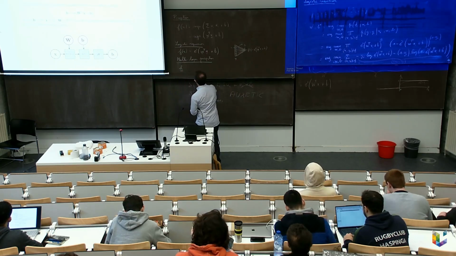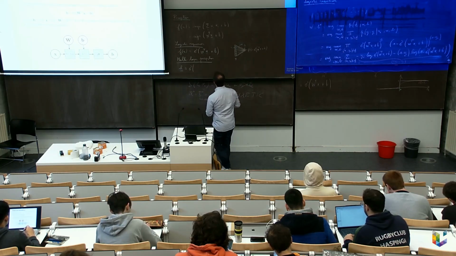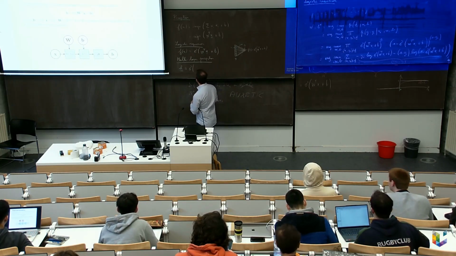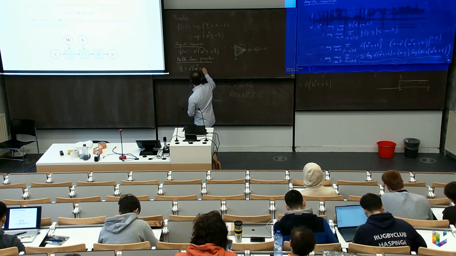So a layer is simply a parallel composition of logistic regression units.